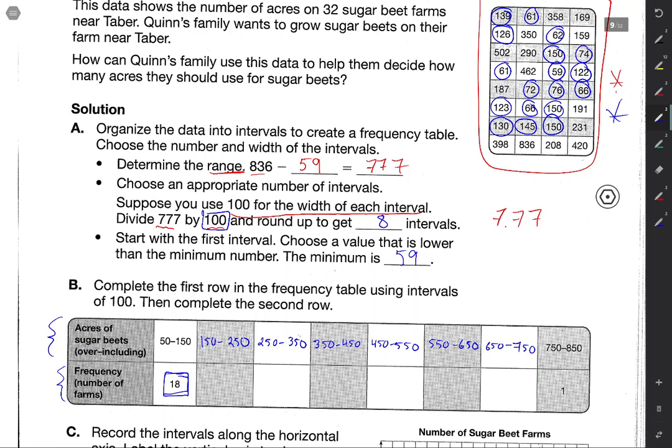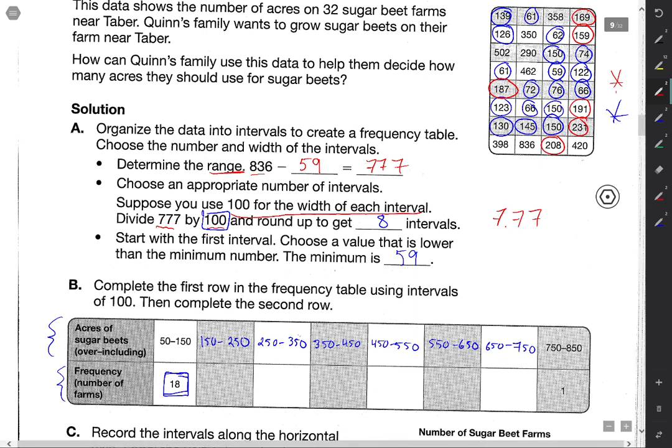So now we're going to do the exact same thing except for the next interval, 150 to 250. So I'm going to circle all the numbers that fall between 150 and 250. Okay, so in red, I circled all the numbers that fall between 150 and 250. So if we count them, we have 1, 2, 3, 4, 5, 6.